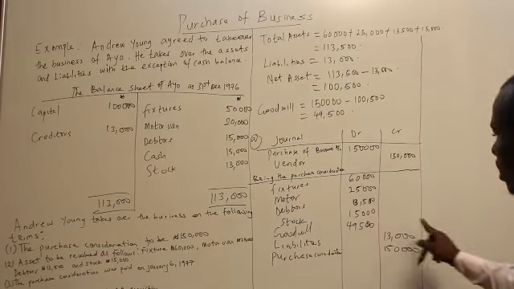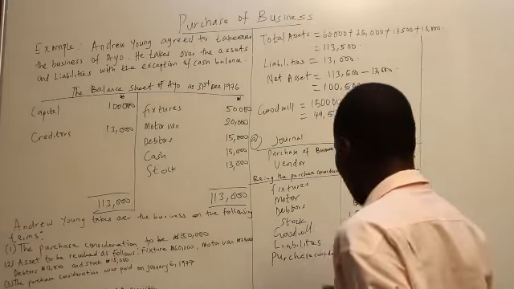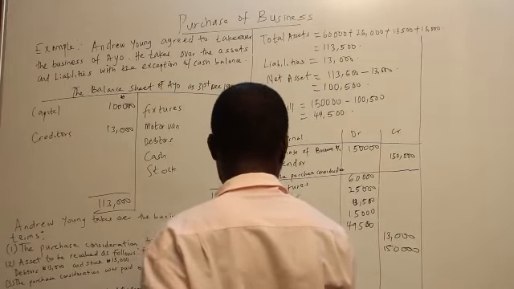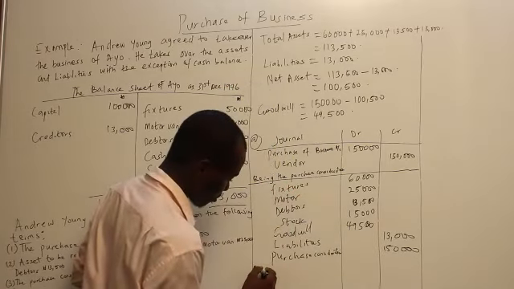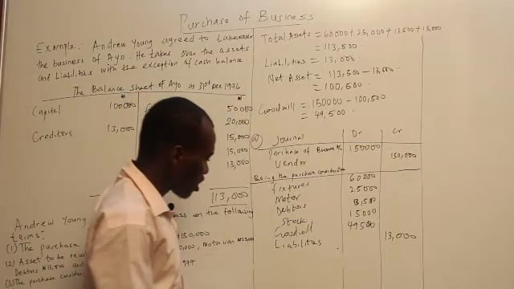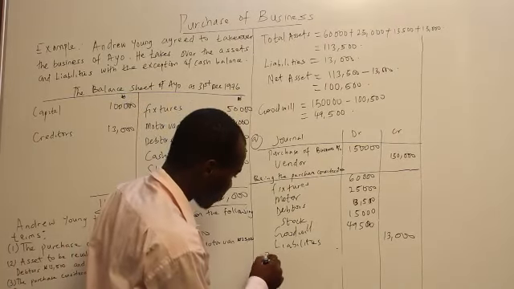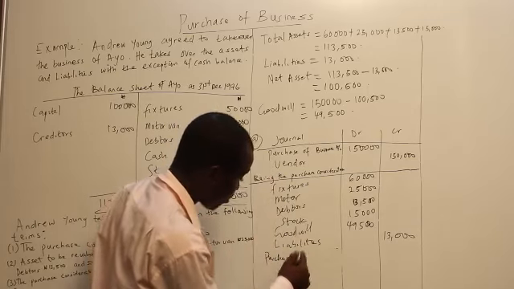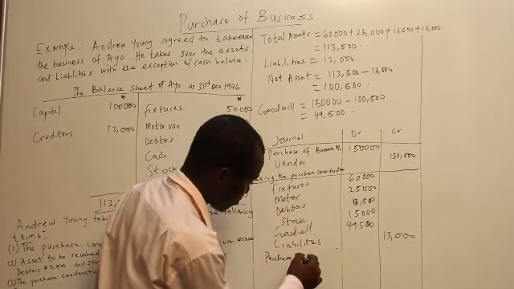The addition of everything here will give us this. So that then becomes being assets and liabilities taken over. So we have purchase consideration, which is the corresponding account for each of the assets and liabilities taken over and goodwill. Okay, purchase of business account rather.